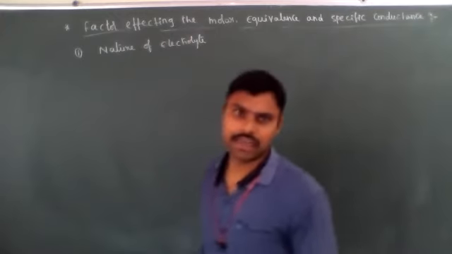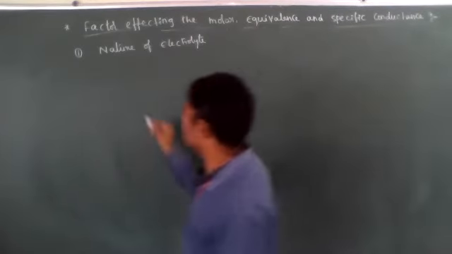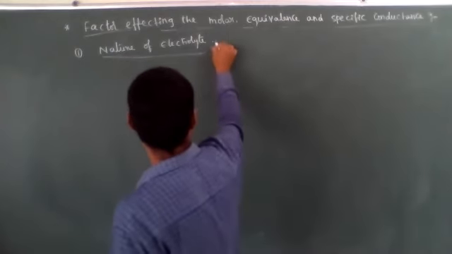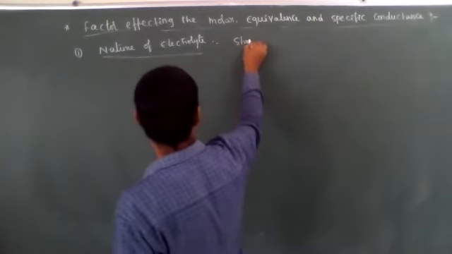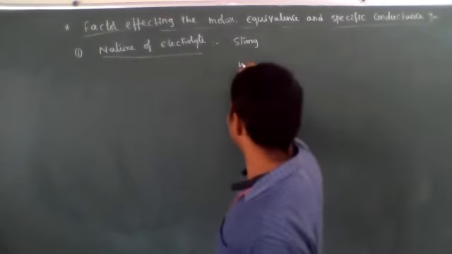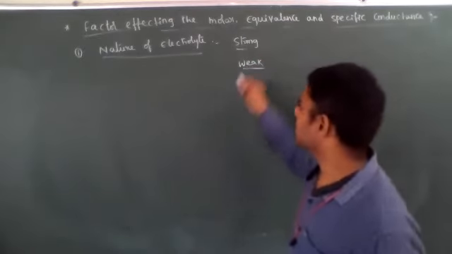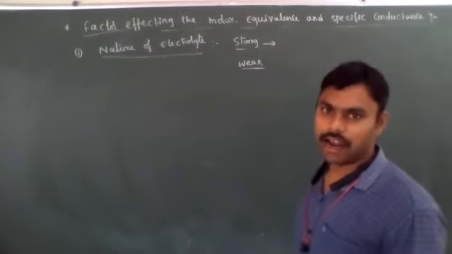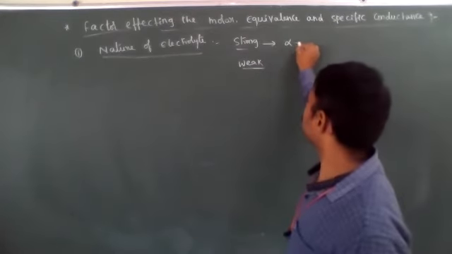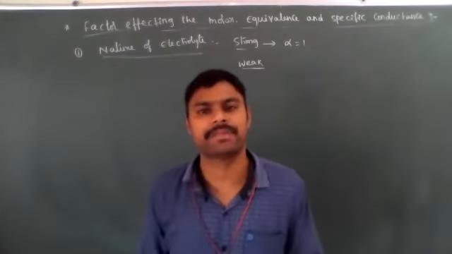Nature of electrolyte means we already know that strong electrolytes are present as well as weak electrolytes. For strong electrolytes, alpha is equal to 1, meaning complete ionization takes place; the degree of ionization is 100%.